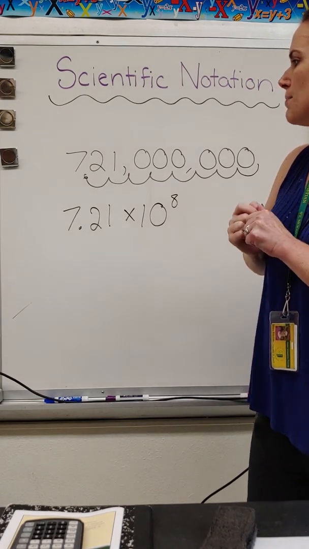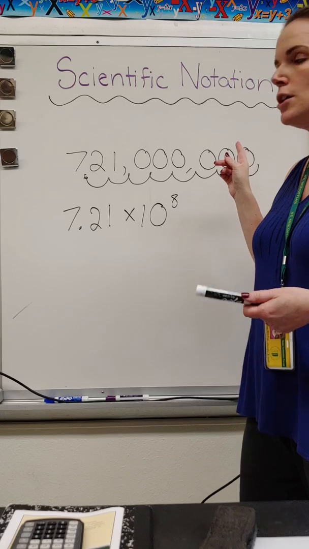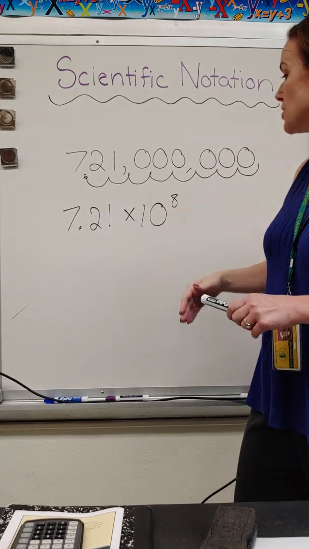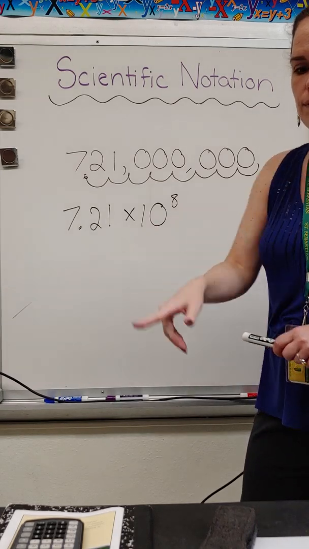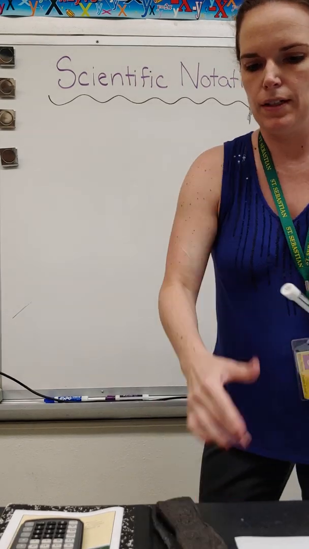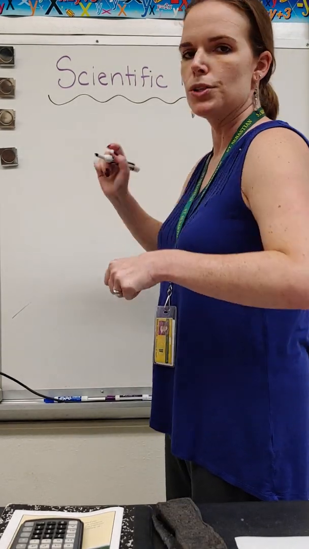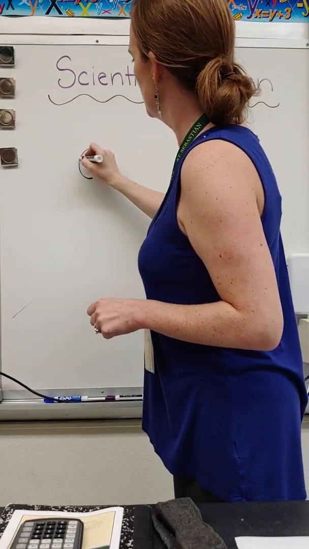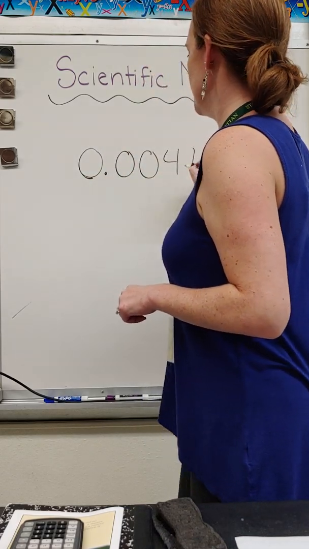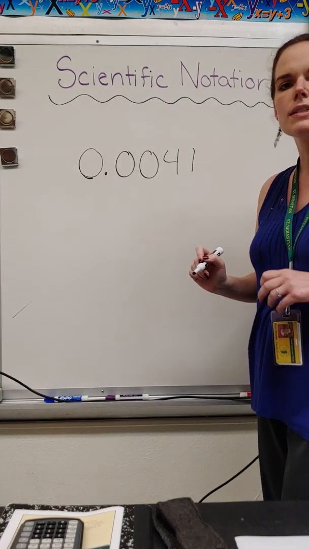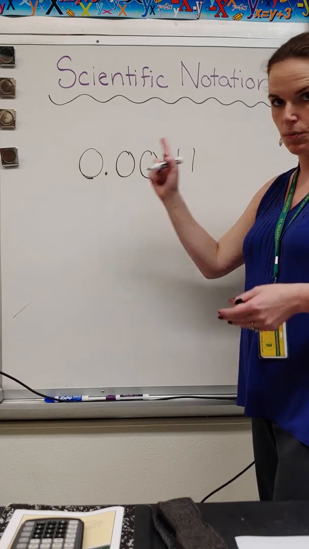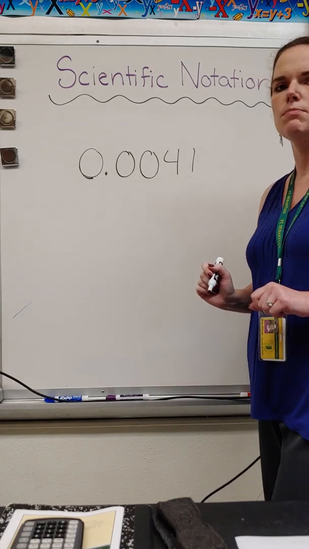Now, in all 3 examples, I gave you large numbers. So we were moving the decimal space to the left, and our exponent was positive. When you have small numbers, so numbers that are smaller than 1, like 0.0041, it's going to work the same way, just this time you're going to move the decimal to the right, and your exponent's going to be negative.